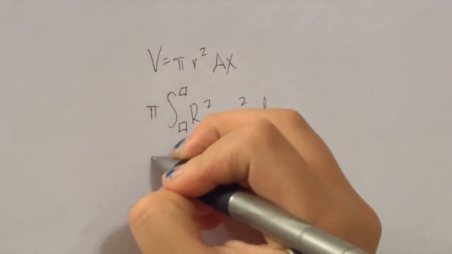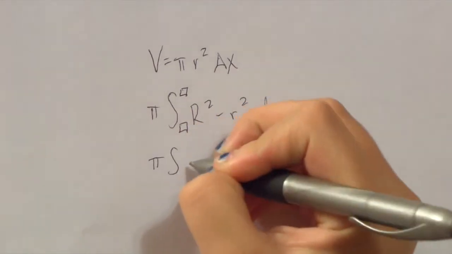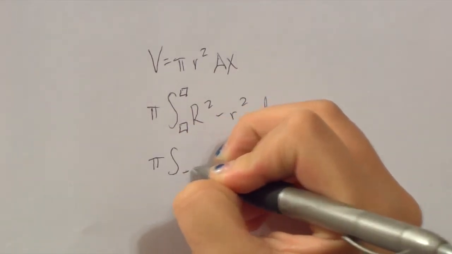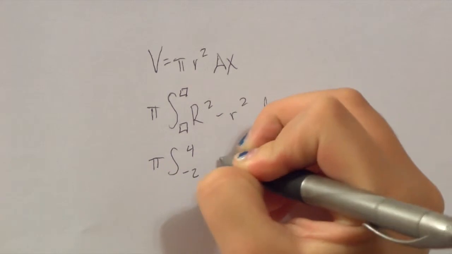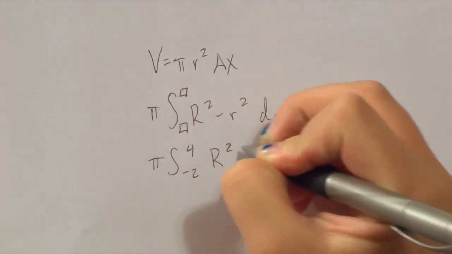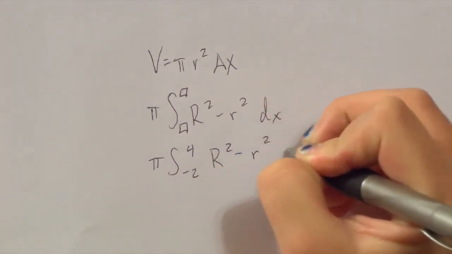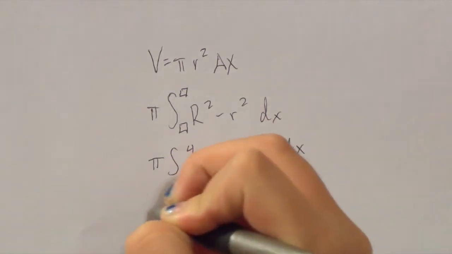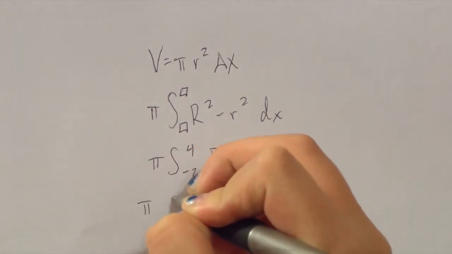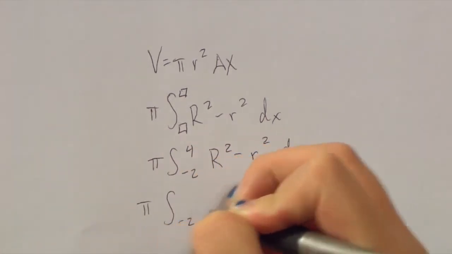So it ends up looking like pi times the integral from negative 2 to 4 of big R squared minus little r squared dx. Once we put in the equations, it'll look like this.